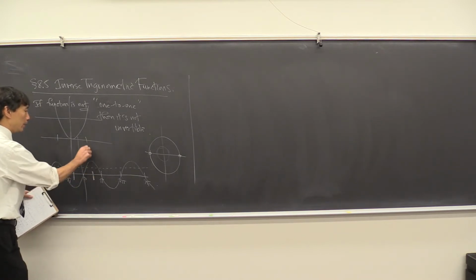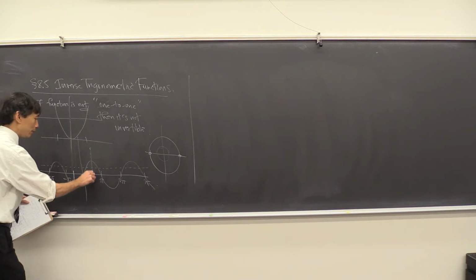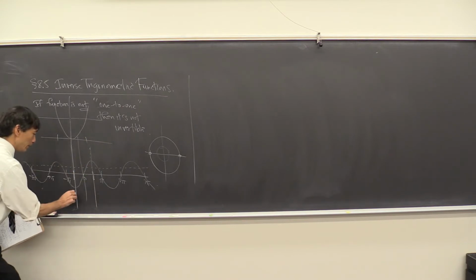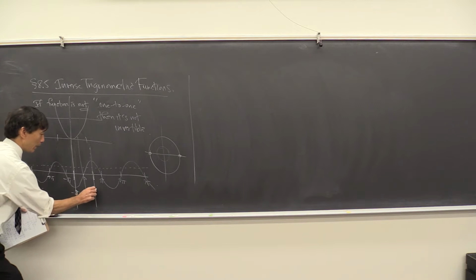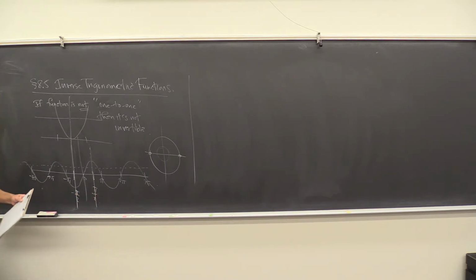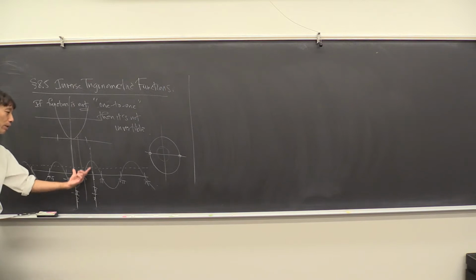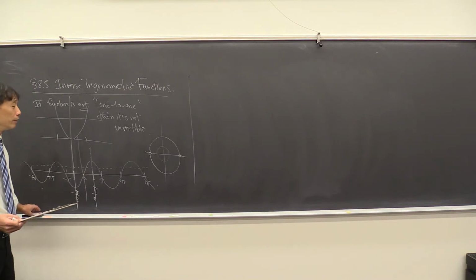Let's chop off the function so that it lies between negative pi over 2 and pi over 2. We restrict the domain, and in that domain it is 1-to-1. We pass the horizontal line test. And so that's how we define the inverse sine function.